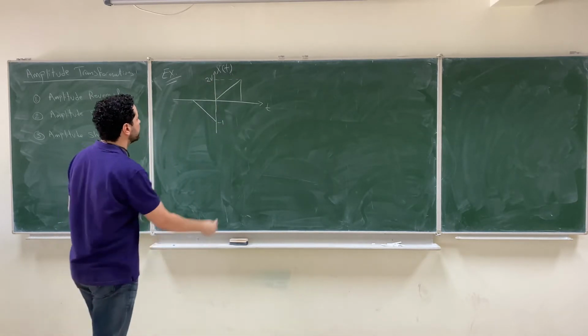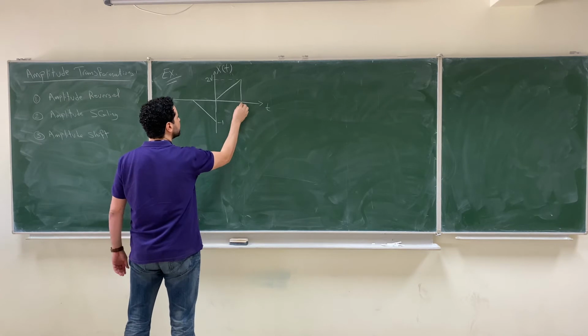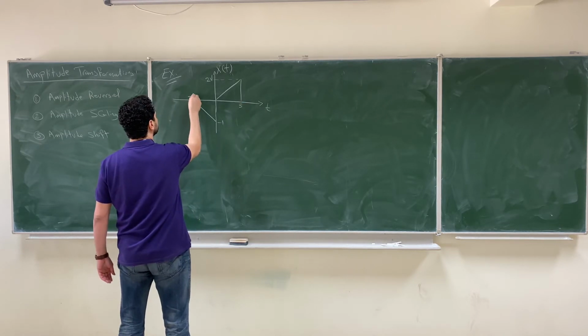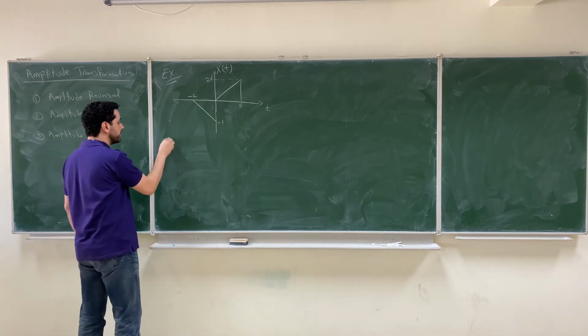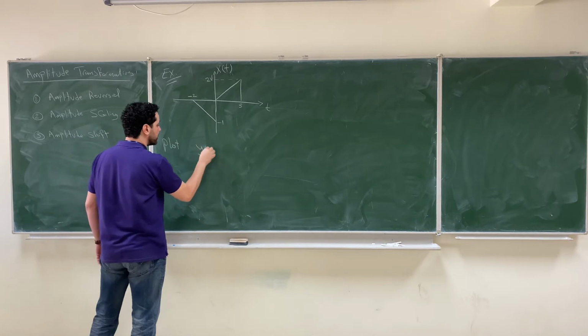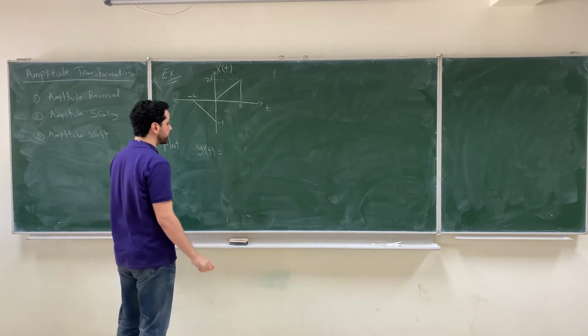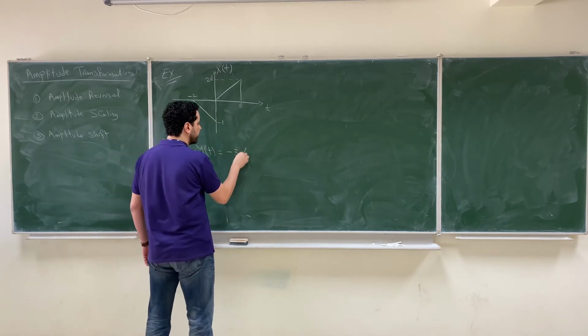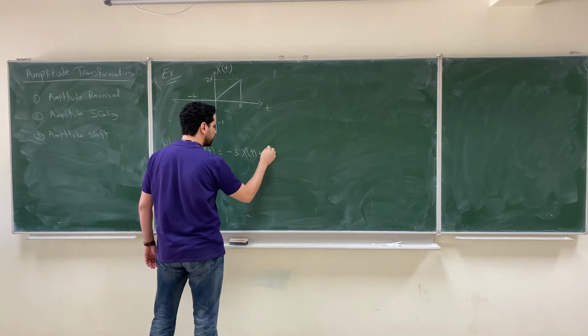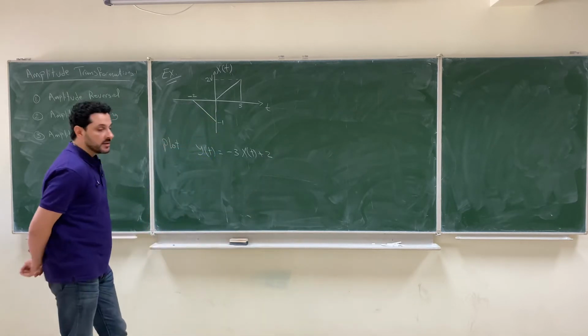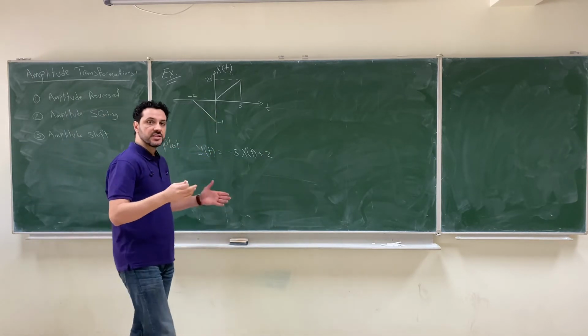This is, let's say, 3 in the time, and this is -2 in the time. And we want to plot another function y of t, which is -3x of t plus 2. Anything, this is just a general example.